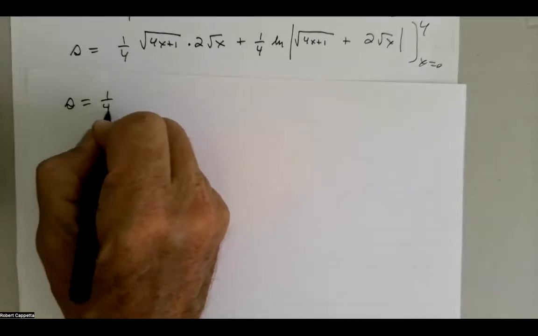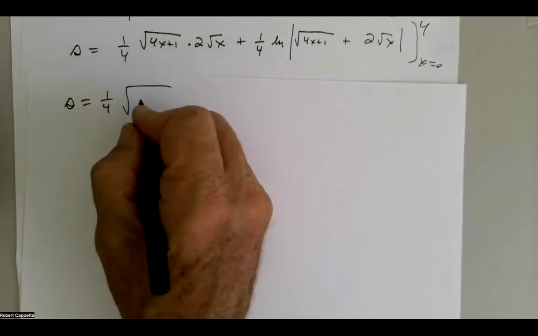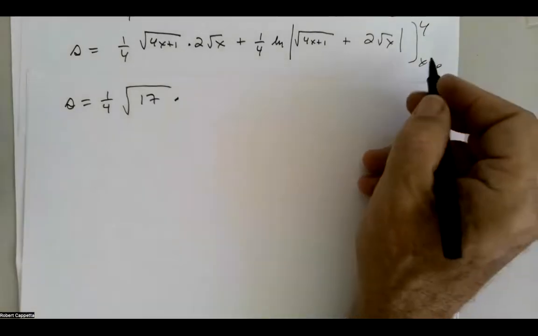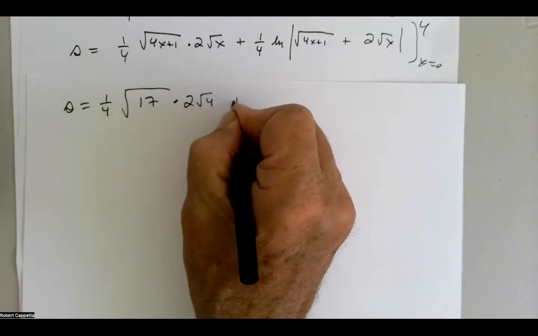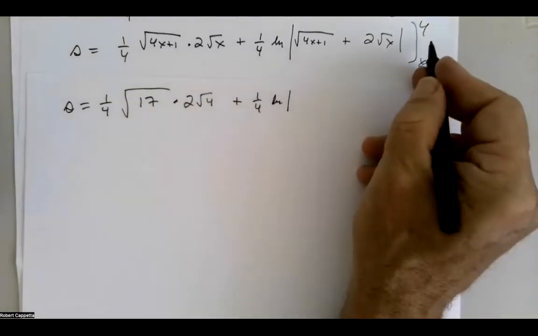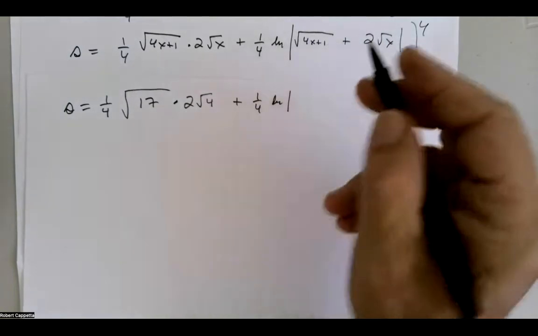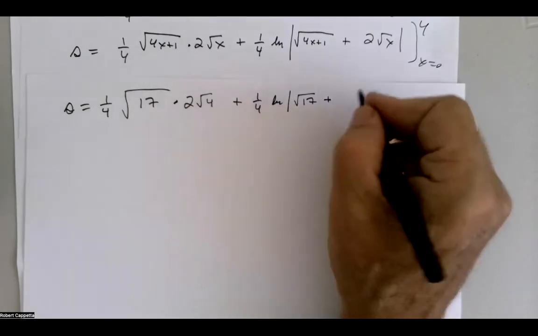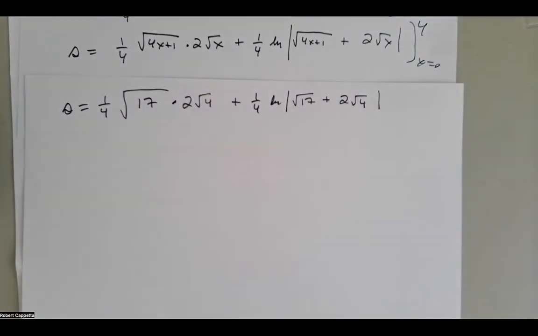S is 1/4 root, 4 times 4 is 16, plus 1 is 17, times 2 root x, plugging in 4, 2 root 4, plus 1/4 log absolute, plugging in 4, what do we get? 4 times 4 is 16, plus 1 is 17, root 17, plus 2 root 4. That's the first part, minus plugging in 0.